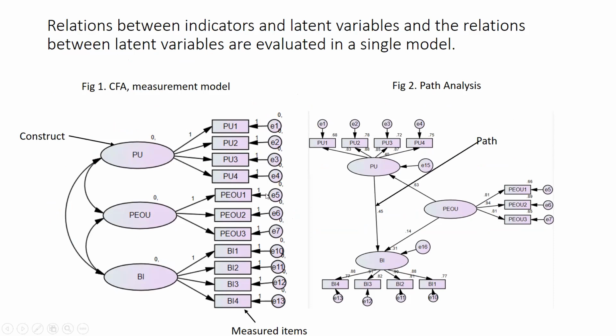In my next tutorial, I will show you how you would be able to draw the conceptual model and upload the data. Against this, you see these terms which are called your measurement error. Any specific questionnaire or item that you measure will have an inherent measurement error, which is inevitable.